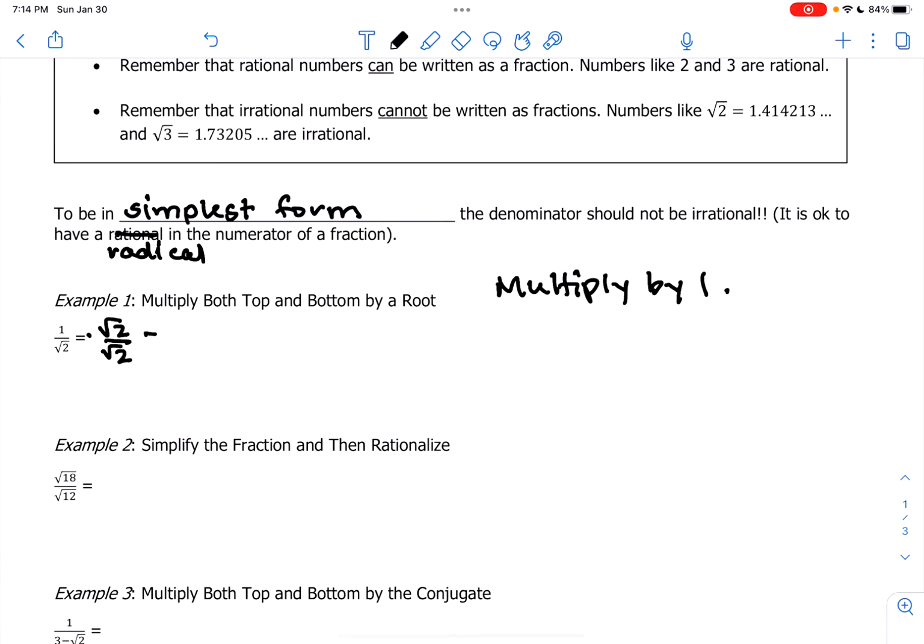But it's going to accomplish the goal of rationalizing the denominator. So now the denominator is no longer going to have a radical in it. Because now if I multiply these fractions, 1 times the square root of 2 is the square root of 2. And then along the bottom, the square root of 2 times the square root of 2 is the square root of 4, which is just 2. So 1 over the square root of 2 is equivalent to the square root of 2 over 2, which is in simplest form.